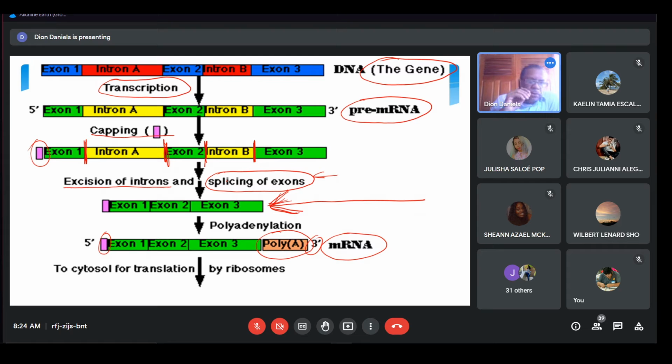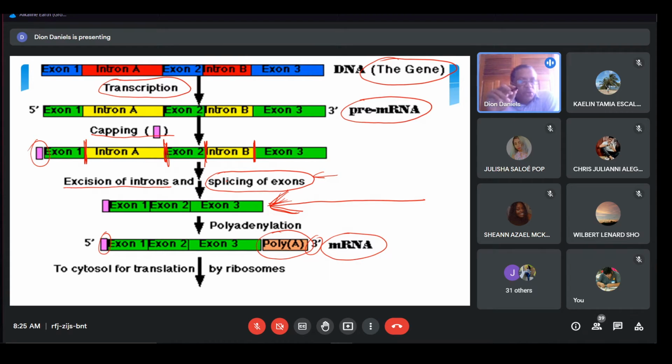I think what Wilbert is saying is that after transcription in prokaryotes, you end up with a messenger RNA that goes to the ribosome. In the case of prokaryotes, translation starts even before transcription is over.